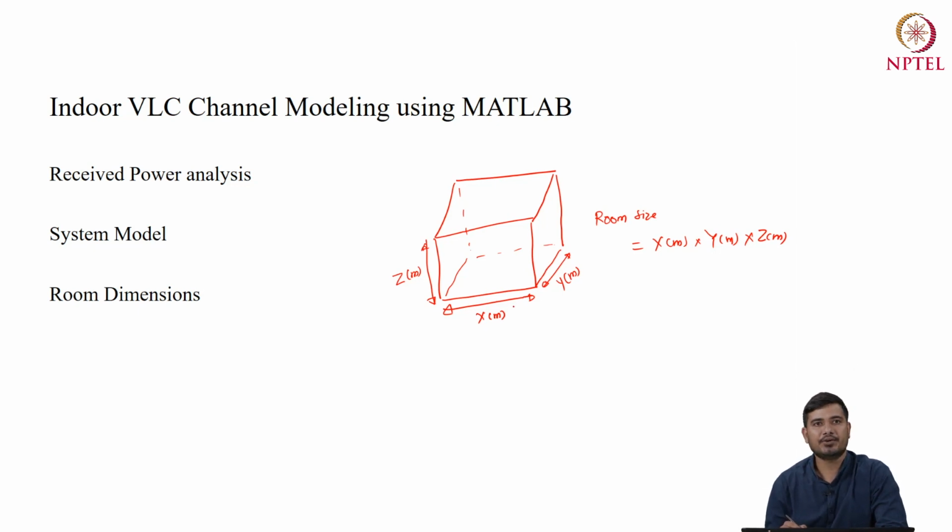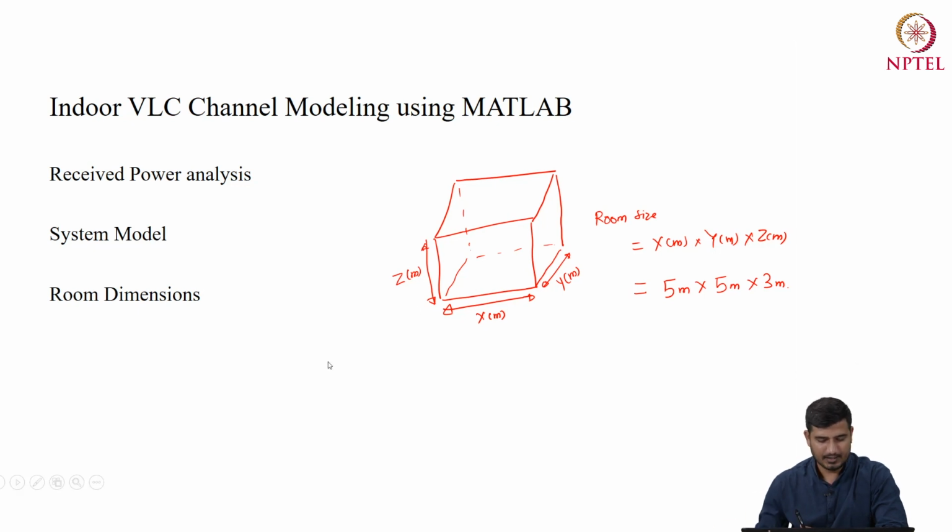Generally in the literature we consider a room size of 5 meter cross 5 meter cross 3 meter. You need to know the dimension of any room where you want to deploy this visible light communication system.